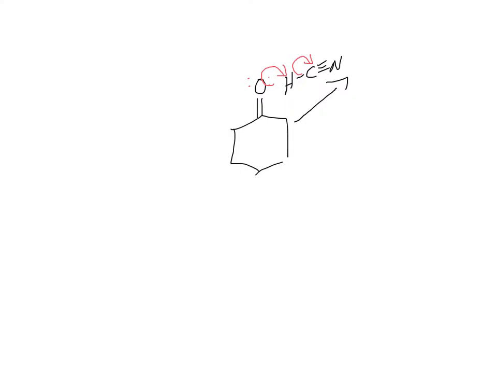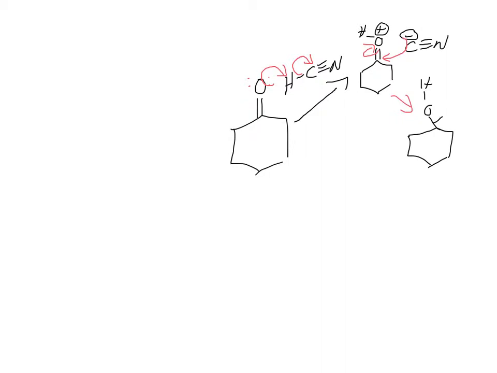So that would have protonated the ketone, which of course makes the ketone more reactive. But it also generates this cyanide, which is a nucleophile. So then it can attack, kick up, and you end up with this alcohol and a nitrile now that has been added.